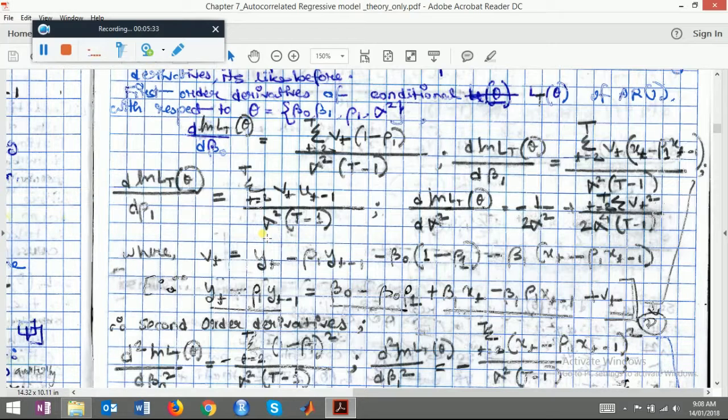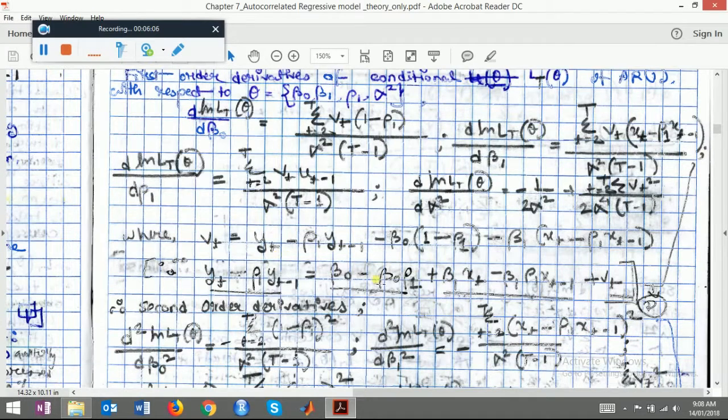And with respect to sigma square, we have minus 1 by 2 sigma square plus v square divided by 2 sigma to the power 4, which is the regular equation. In all this, vt equals yt minus rho 1 yt minus 1 minus beta naught 1 minus rho 1 minus beta 1 xt minus rho 1 xt minus 1, over sigma square.